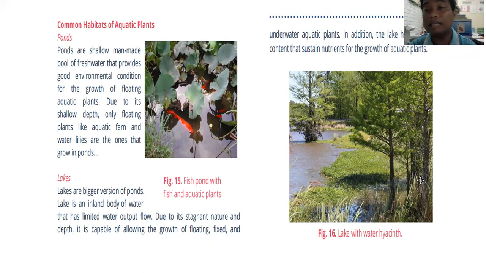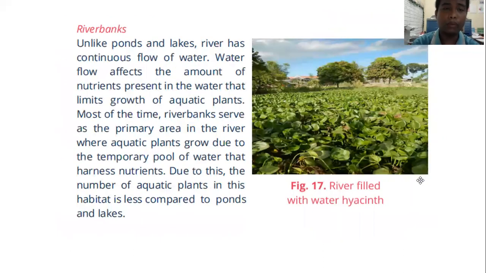In addition, the lake has higher nutrient content that sustains the growth of aquatic plants. So kining lakes, the lake has higher nutrient content nga pwede niya mag-sustain for the aquatic plants to survive and to grow.